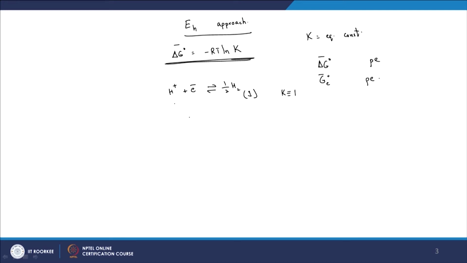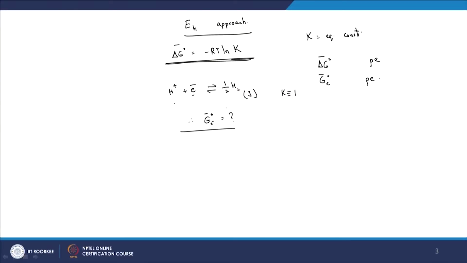Now how do I calculate the standard molar Gibbs energy of this particular electron at standard conditions? If you remember, this was based upon the analysis where the delta G of the reaction at standard conditions was equal to the summation of the stoichiometric coefficient times the chemical potential of the products, minus that of the reactants.